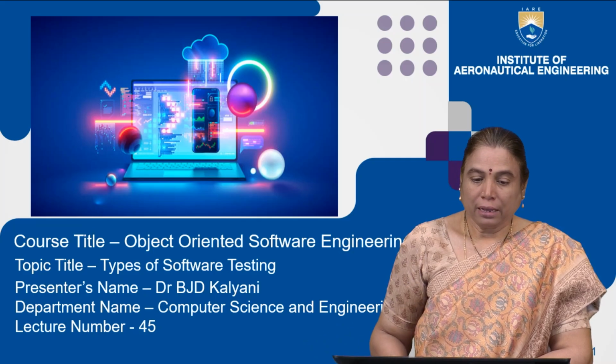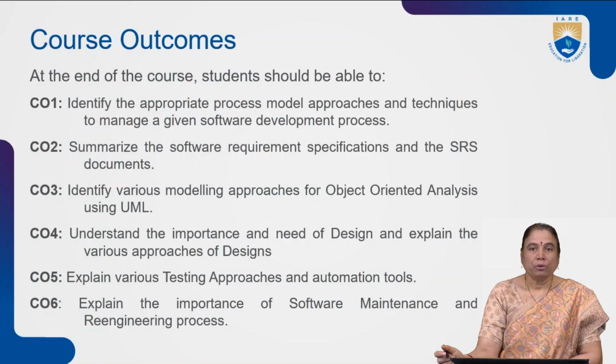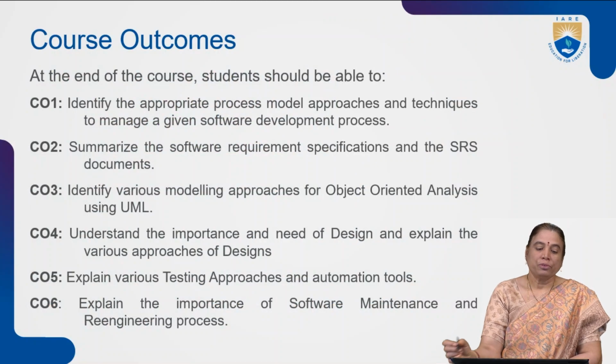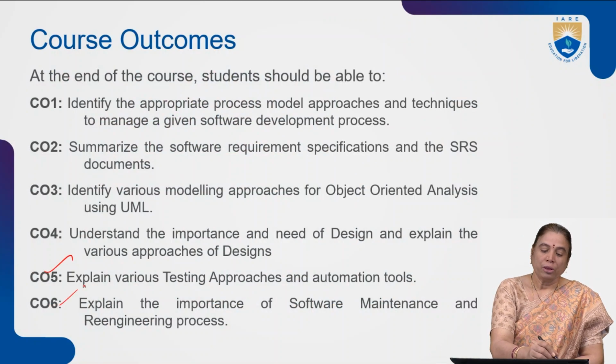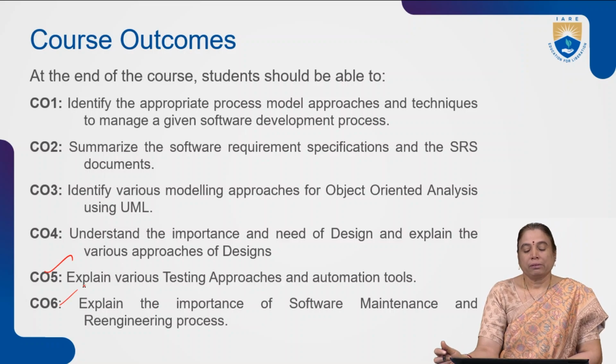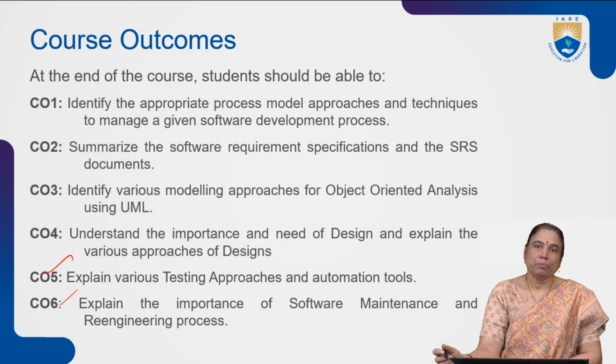The topic learning outcome is mapped to the course outcomes CO5 and CO6, that is, explain various testing approaches and automation tools, and explain the importance of software maintenance and re-engineering process.